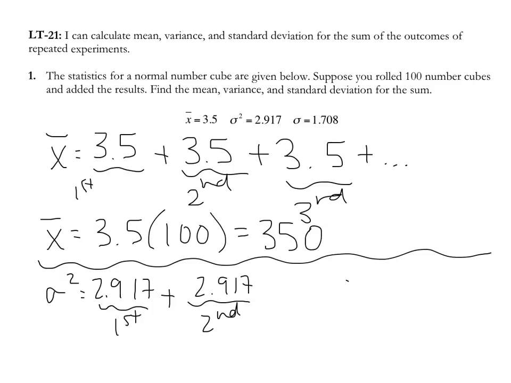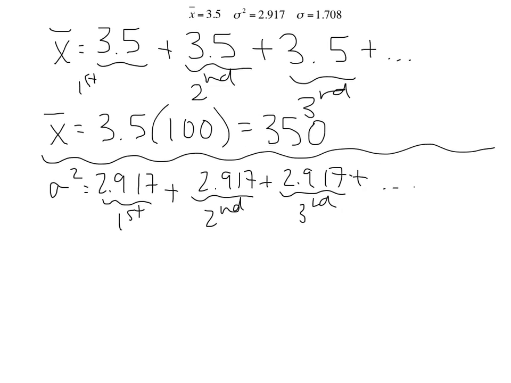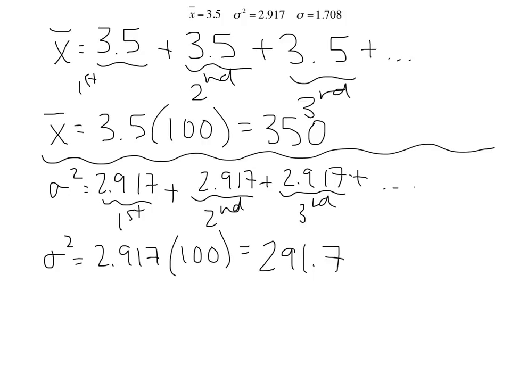If we rolled three number cubes and added up the results, the new variance would be 2.917 plus 2.917 plus 2.917, and so on. So if we rolled 100 number cubes and added up the results, we would have our original variance, 2.917, added up 100 times. Another way of doing that would be 2.917 times 100. And if we do this, we get 291.7 for our variance for the sum of the rolls of 100 number cubes.